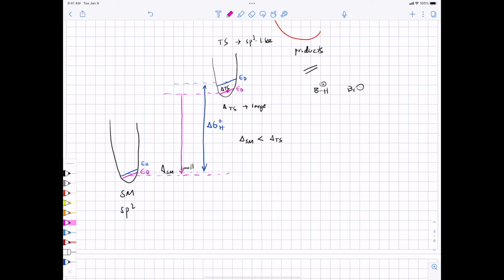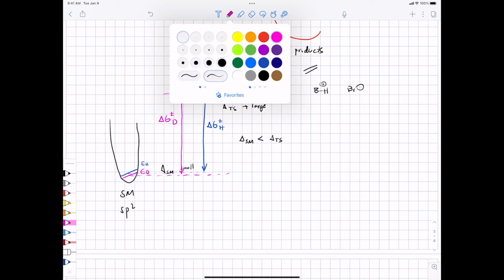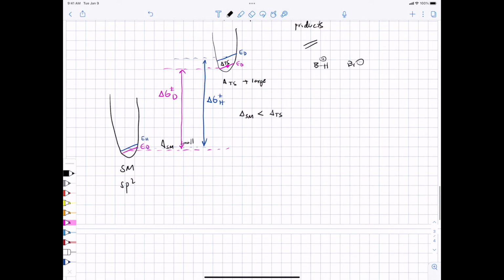That's interesting. Because we have a bigger gap in the transition state than we have in the starting material, now the activation energy for hydrogen is actually greater than the activation energy for deuterium.